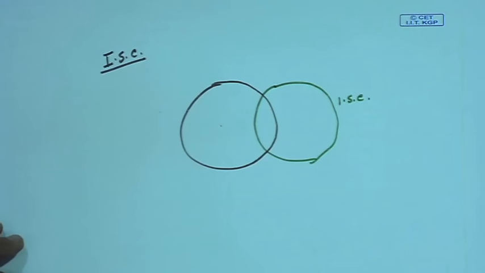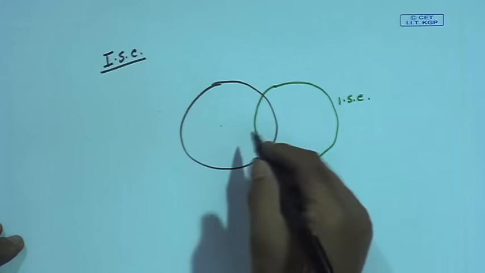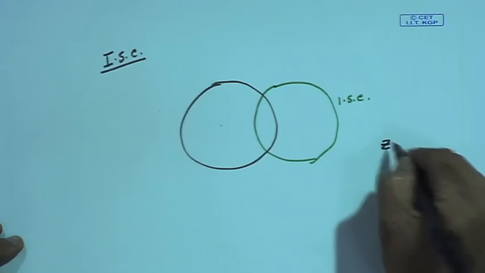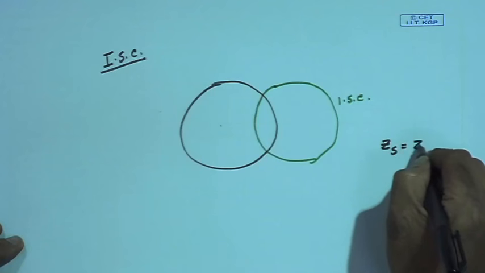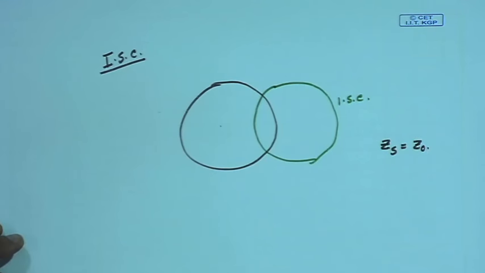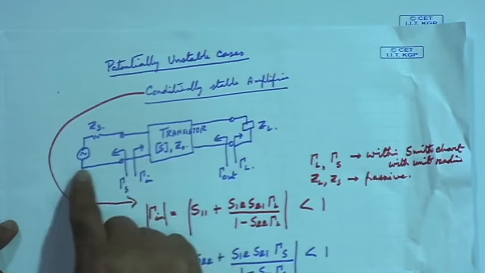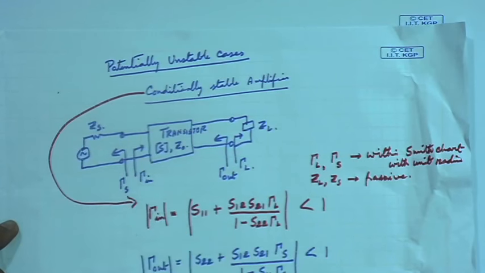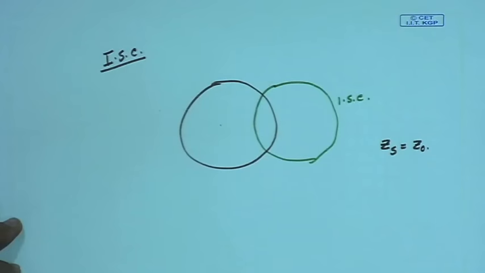Again I do the same thing. Let us take ZS equal to Z0. Here I choose ZS equal to Z0, which immediately makes my gamma S go to 0, and if gamma S goes to 0, I know gamma out is simply the S22 magnitude.